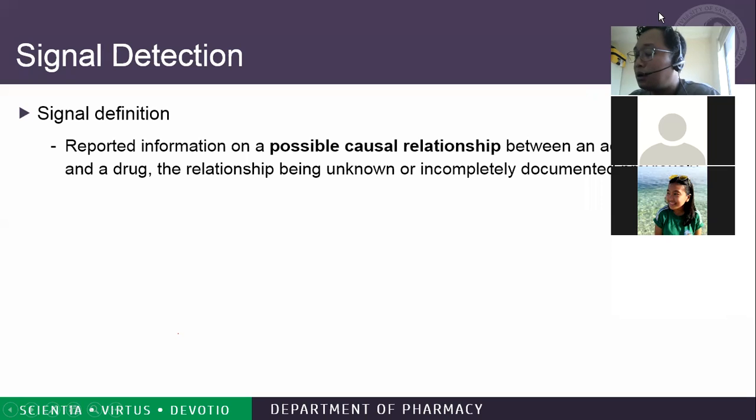Signals are usually generated from the use of new drugs that enter the market, or the use of old drugs already in the market but used for new conditions. For example, azithromycin and chloroquine for the treatment of COVID-19. We can generate the signal there.